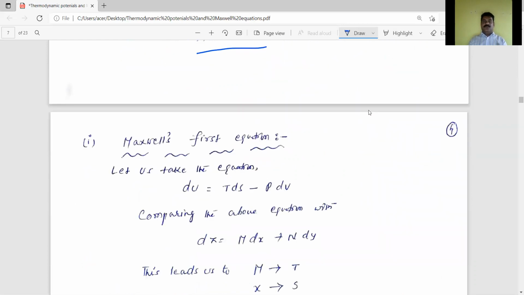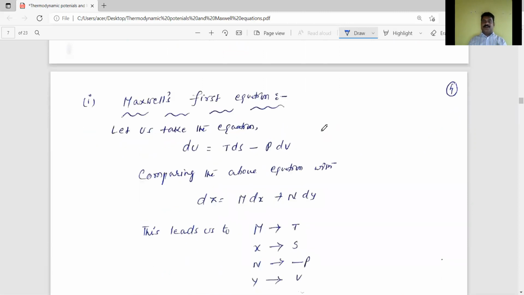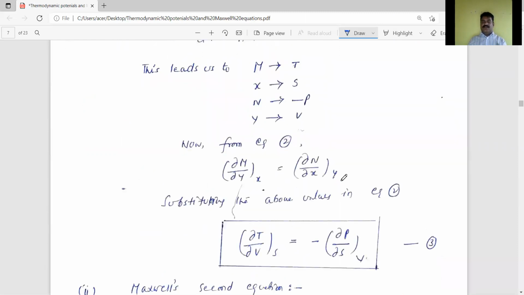Okay. Now let us move to the topic of how to derive Maxwell's equations. Remember that you should remember the two equations: dz equal to m dx plus n dy, and after that, ∂m/∂y at x equal to ∂n/∂x at y.